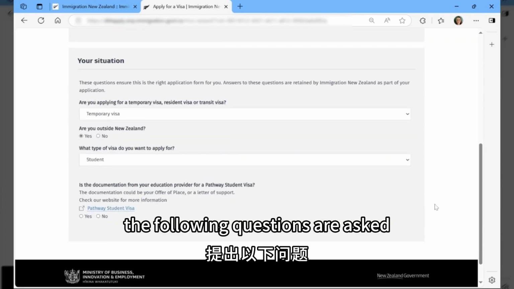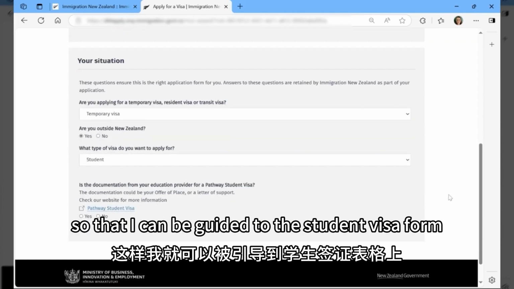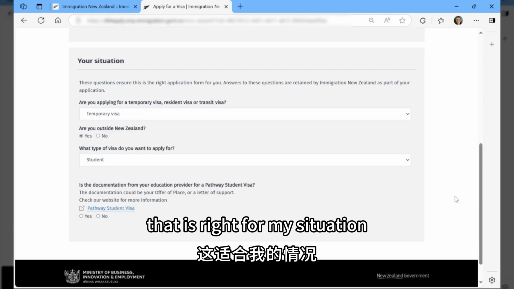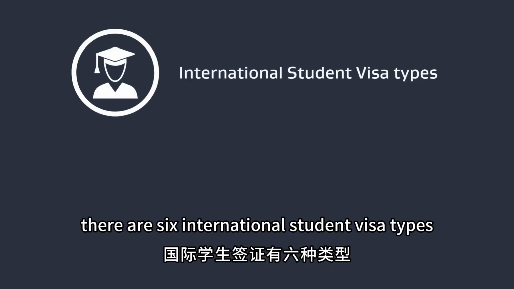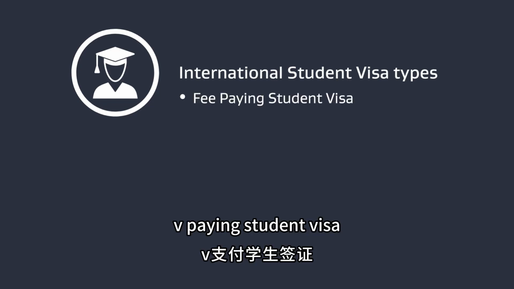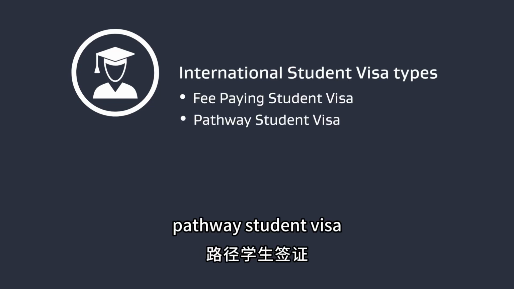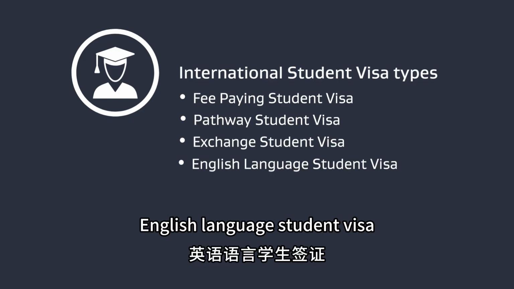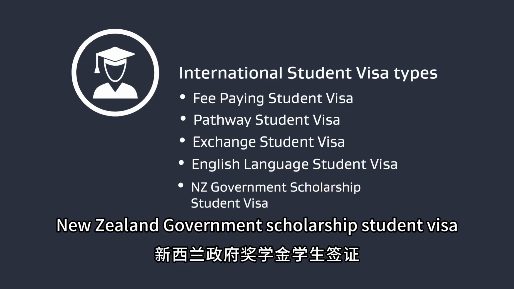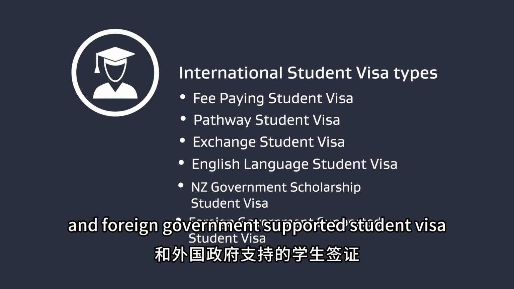The following questions are asked so that I can be guided to the student visa form that is right for my situation. There are 6 international student visa types: fee-paying student visa, pathway student visa, exchange student visa, English language student visa, New Zealand Government Scholarship Student Visa, and Foreign Government Supported Student Visa.